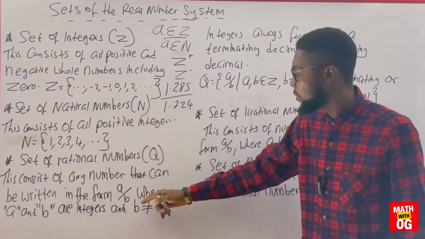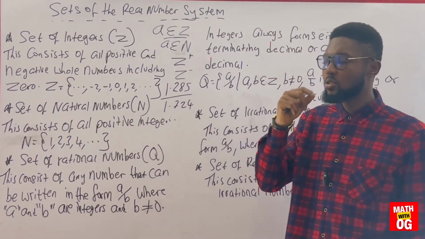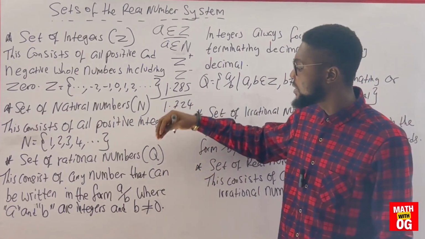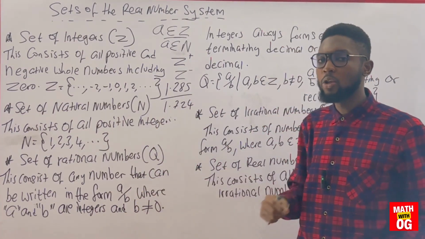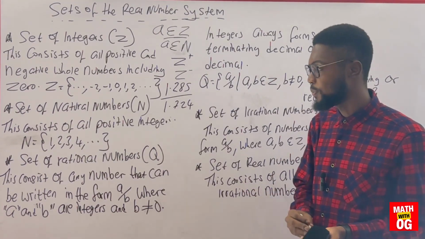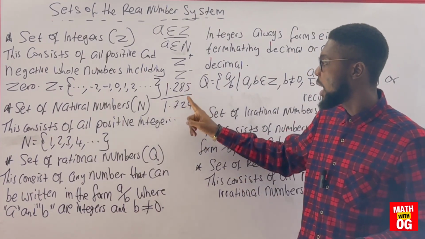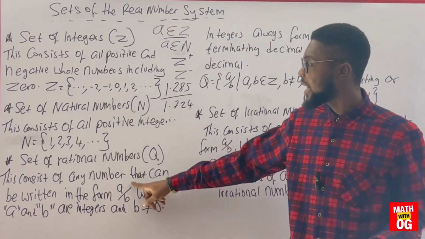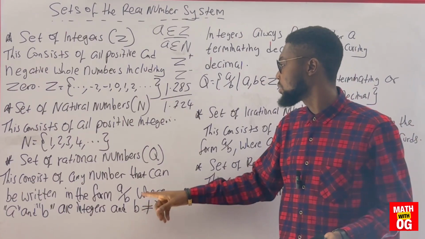This is also written in the form a over b, but it does not necessarily mean that this guy will be a rational number. Now they said if it can be expressed in this form a over b, you see this numerator and this denominator, they have to be integers. So a has to be an integer and b has to be an integer.